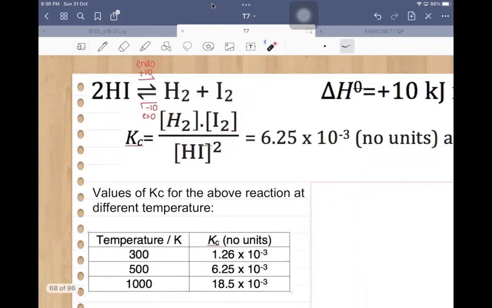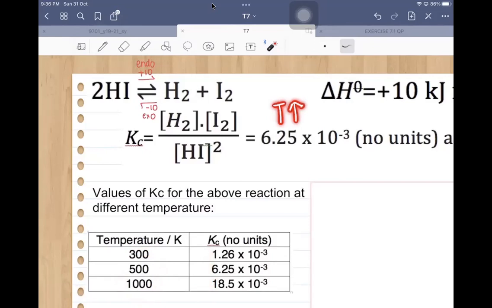For the system, we want to look at increase in temperature. You can look at decrease in temperature or increase in temperature, but I see it as easier to look at the increase in temperature, so the numbers increase as well. Right, so what happens when I increase temperature? That means my system wants to reduce the temperature, correct?